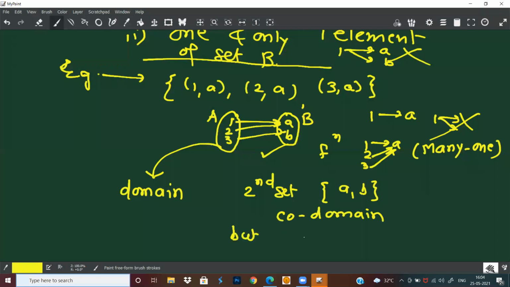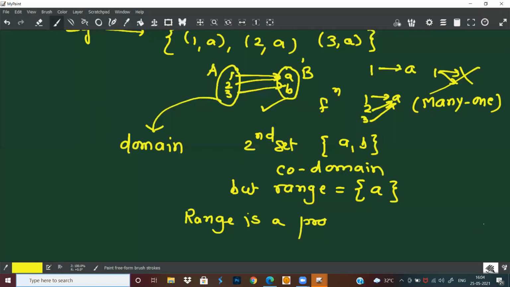But what is the range बोलो? In this what I have drawn, what is the range? All are going to A. So what to say? Range is a proper subset of codomain. Therefore, it is an into function.